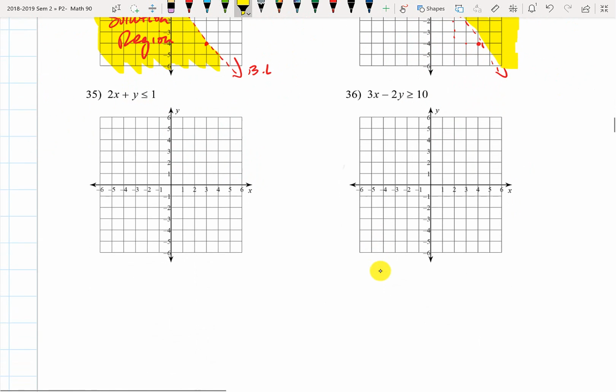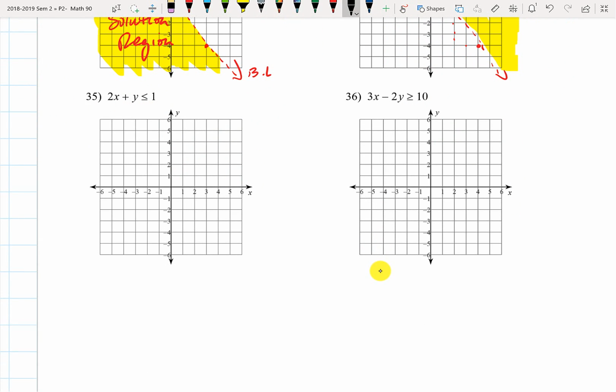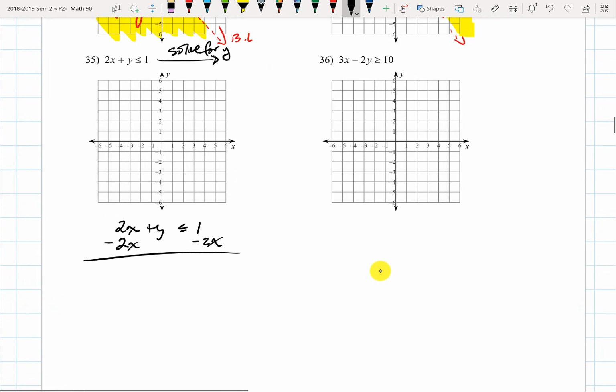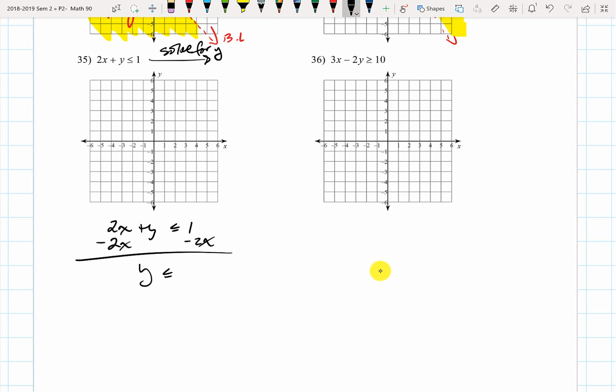All right, now these are a little bit more challenging only because these right here are in standard form, so you got to solve for y, or you got to isolate y. All right, so let's take this 2x plus y less than or equal to 1. And let's get it into slope-intercept form. So let's subtract 2x. All right, you get y less than or equal to negative 2x plus 1.